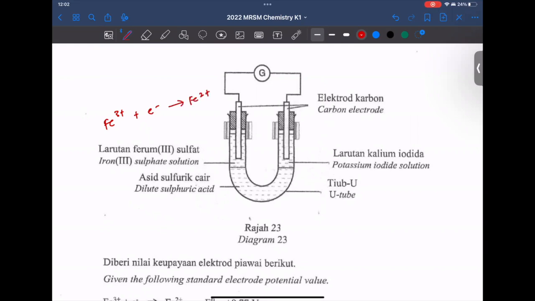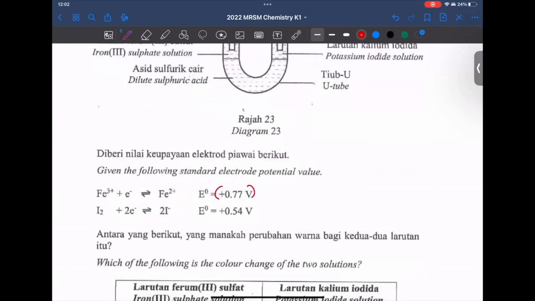Because you see this is a more positive value, so it is more likely to accept electrons, which means it is most likely to be reduced. So it should be an oxidizing agent. Okay. And then the less positive one should be oxidized because it's a better reducing agent, isn't it?